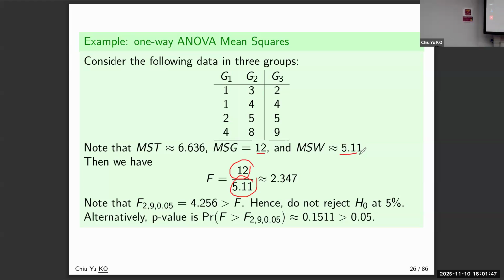It's a one-tail test, because if the null is false, then the top will be bigger than the bottom.